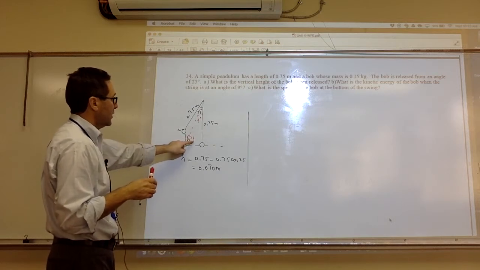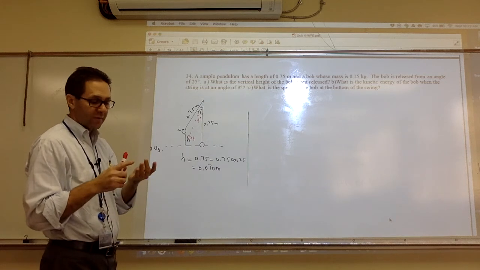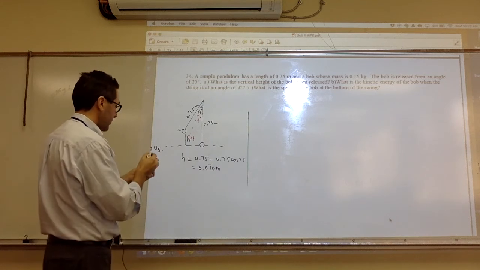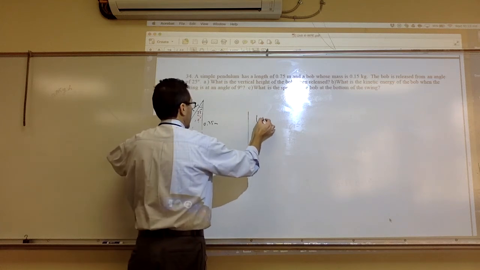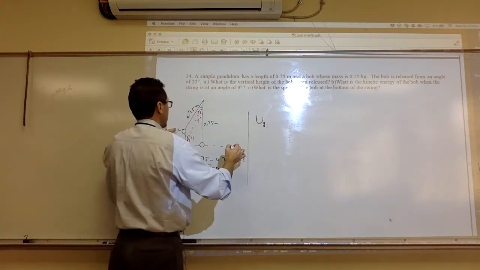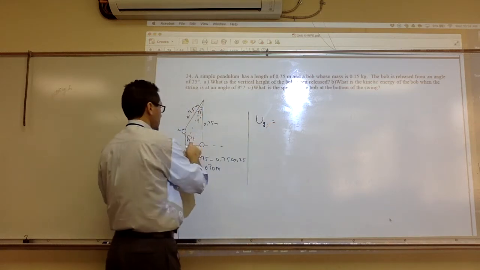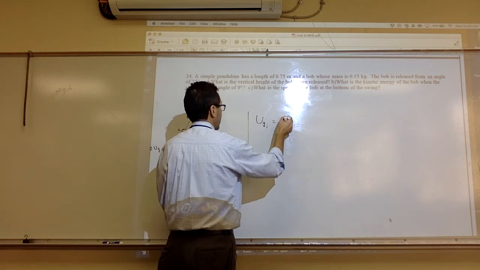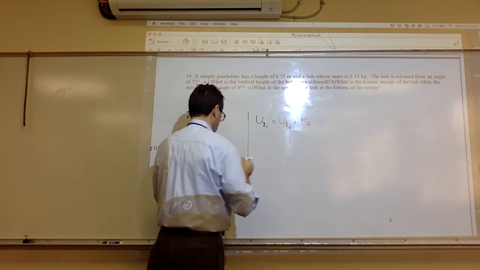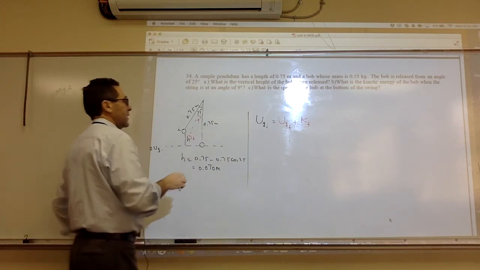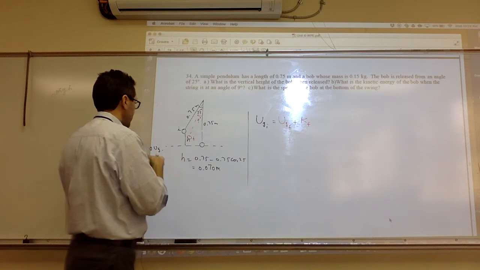Just keep in mind that when you are at an angle of 9 degrees, you have both kinetic energy and gravitational potential energy. So when I'm at the initial state here, all my energy is in the form of gravitational potential energy. And when you are at this location here, you have both gravitational and kinetic, which is important. So if you want to find the kinetic energy, you have to find the difference between these two.